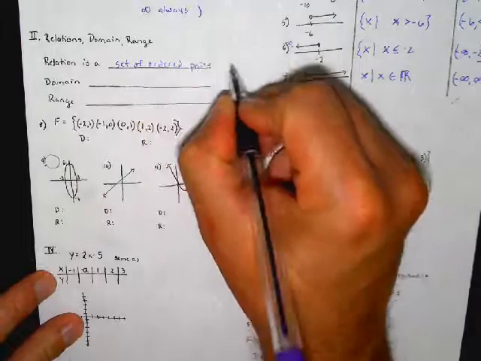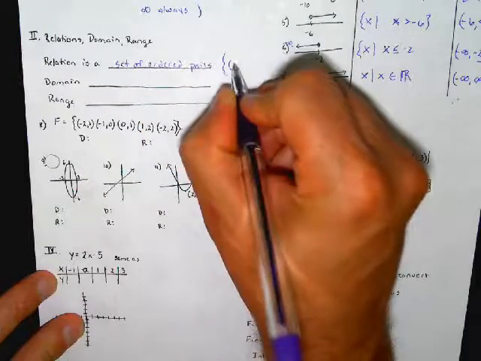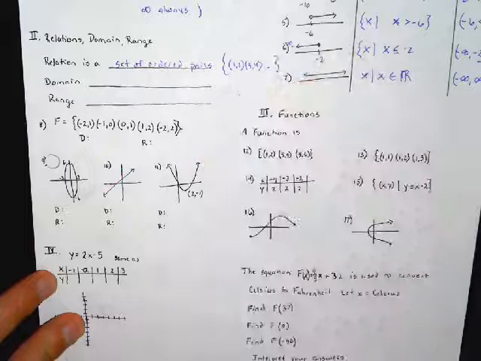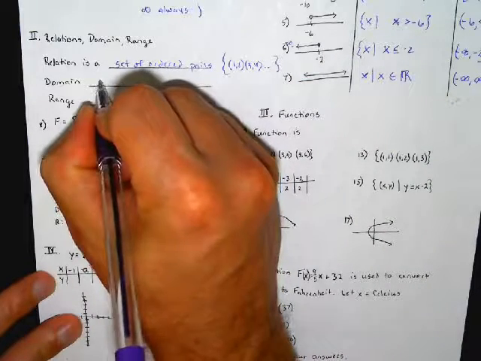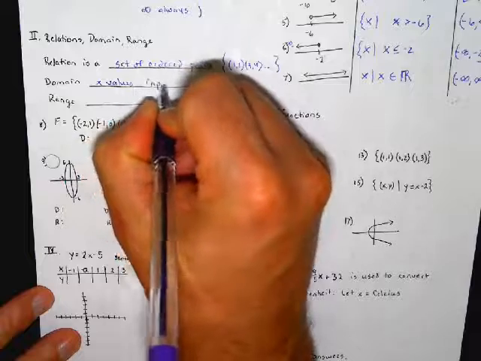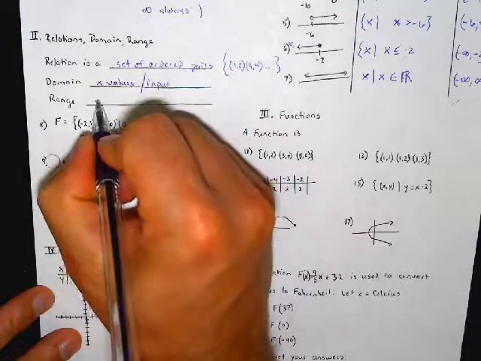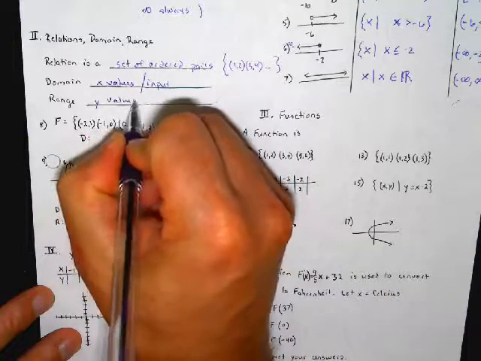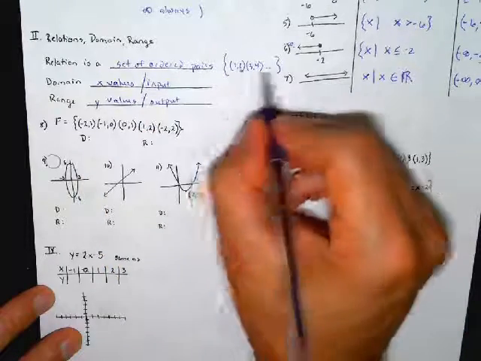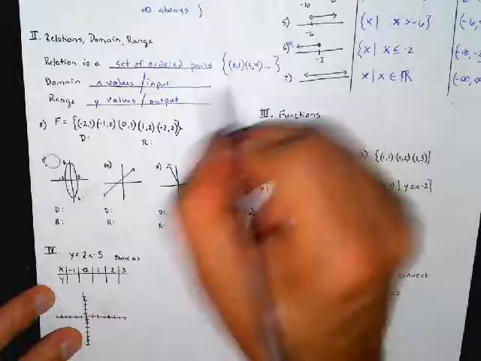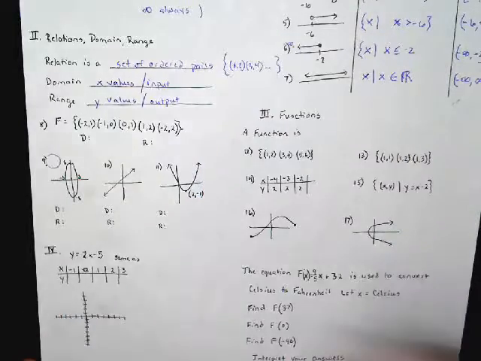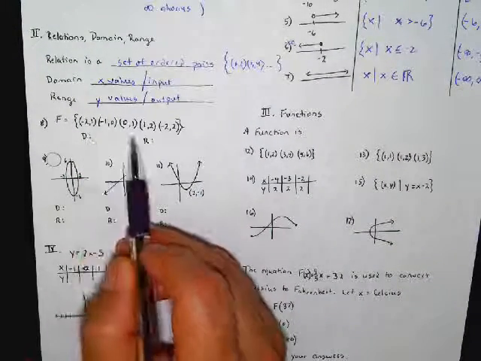So for example, it's a set of like (1, 2) and (3, 4), etc. The domain are the x values, or the input, and the range are the y values, or the output. So the input here would be the 1 and the 3. The range, the y values, would be the 2 and the 4. Okay, so if you're looking at this function here, try and do it yourself. Pause it and do it yourself.